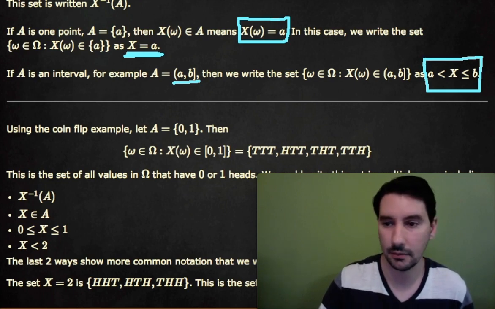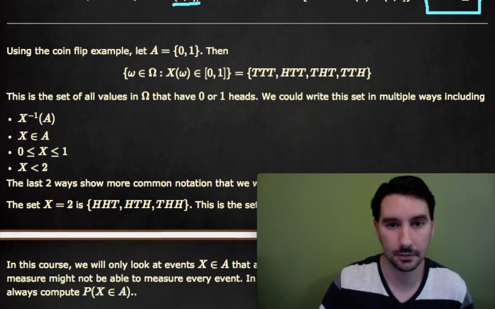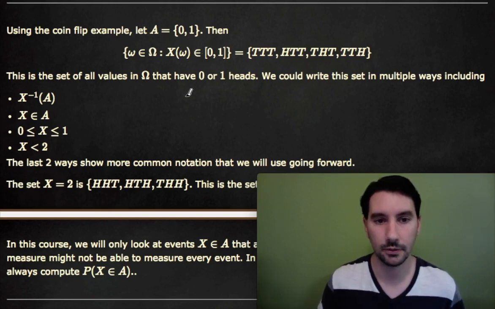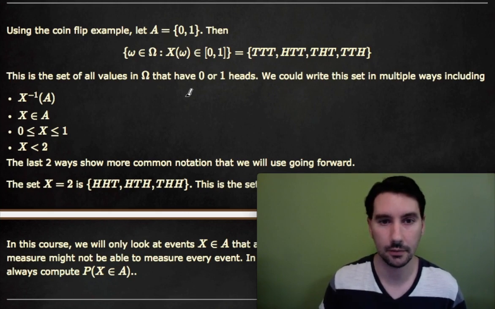So let's look at what this means for some sets in the coin flip example. Let's let A be the set {0, 1}, and we could write this out in formal set theory notation as the set of omega in the sample space such that X of omega is in {0, 1}, which would be tails, tails, tails; heads, tails, tails; tails, heads, tails; and tails, tails, heads.